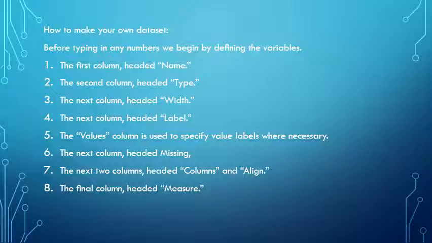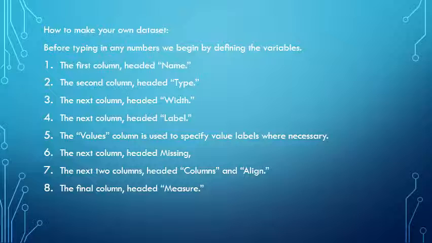The next two columns, headed Columns and Align, simply define the width of the columns as they appear in the data view as well as the alignment of the data in each cell. To do this, you simply need to click in the relevant cell and change the value to 20.